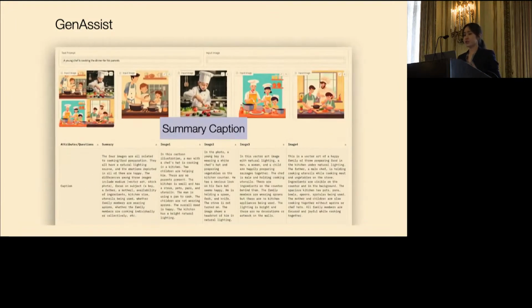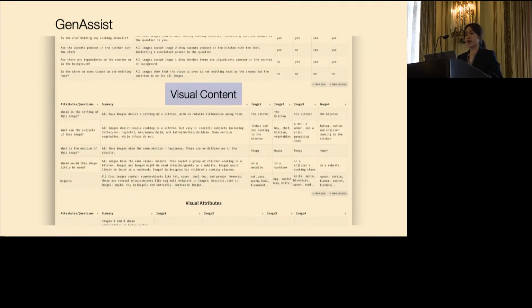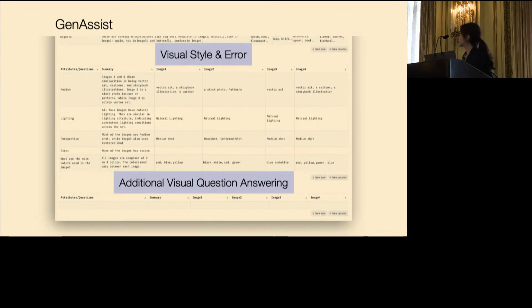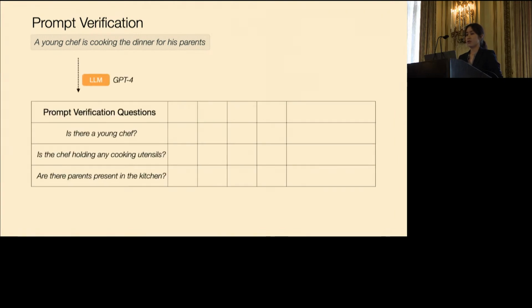GenAssist provides rich visual information to help creators decide on the final image, and let's look at each information in detail. Using GenAssist, creators can verify whether the generated images followed the prompt, and we first use GPT-4, a large language model, to generate visual questions that verify each part of the prompt.